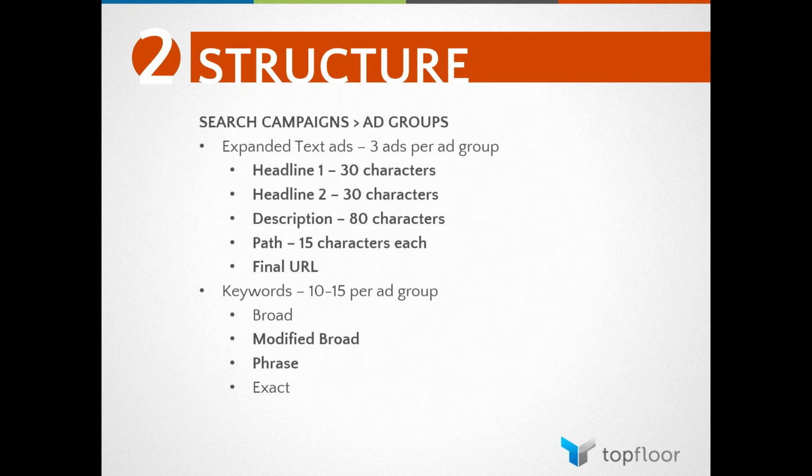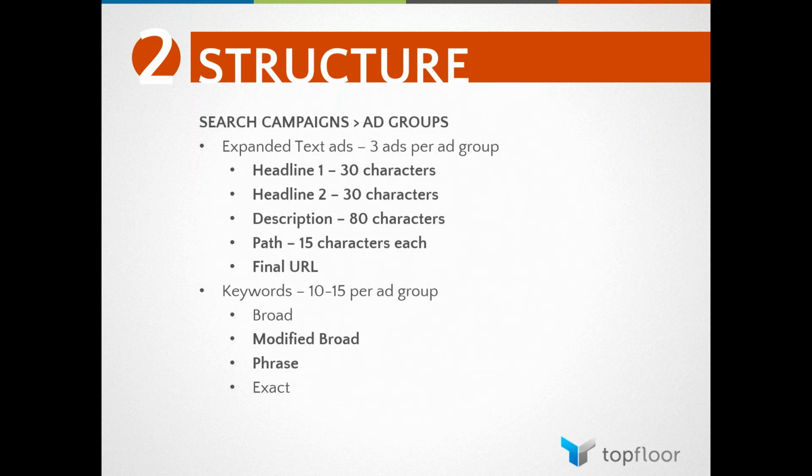Expanded text ads are the first major change in Google in years, and this has been a great boon for advertisers. I hope many of you have switched all your ads over, and that you're seeing some great results. Instead of having one headline of 25 characters, we now have 2 headlines of 30 characters each.